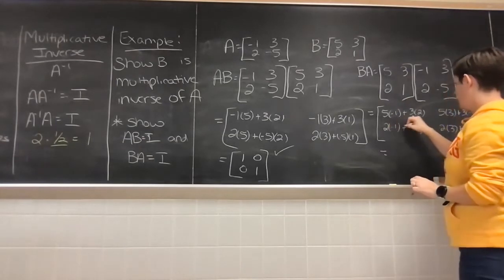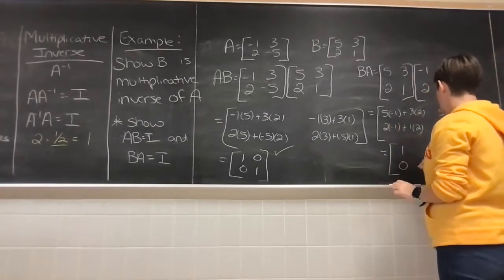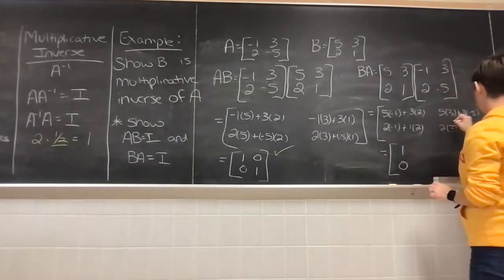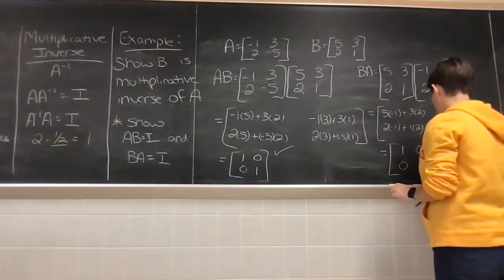So that's -5 and 6, which is 1, -2 and +2, which is 0, 15 and -15, which is 0, and 6 and -5, which is 1.